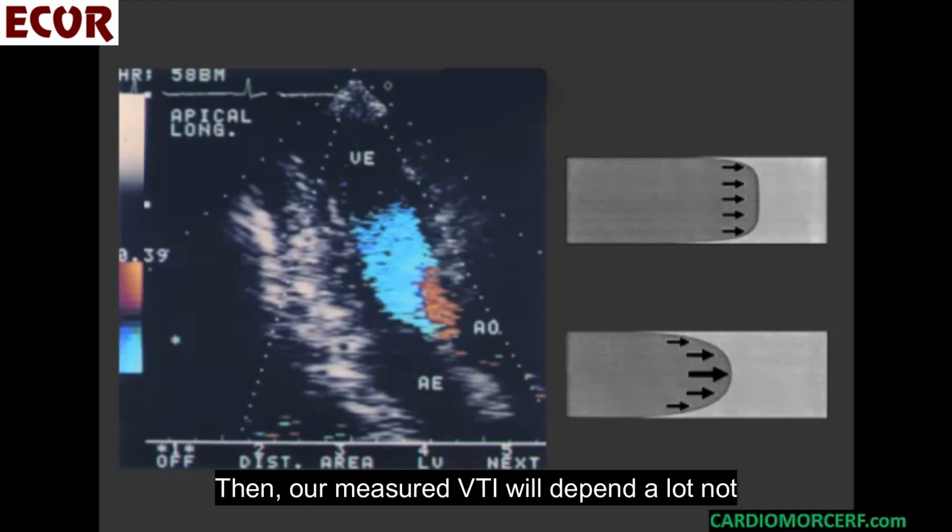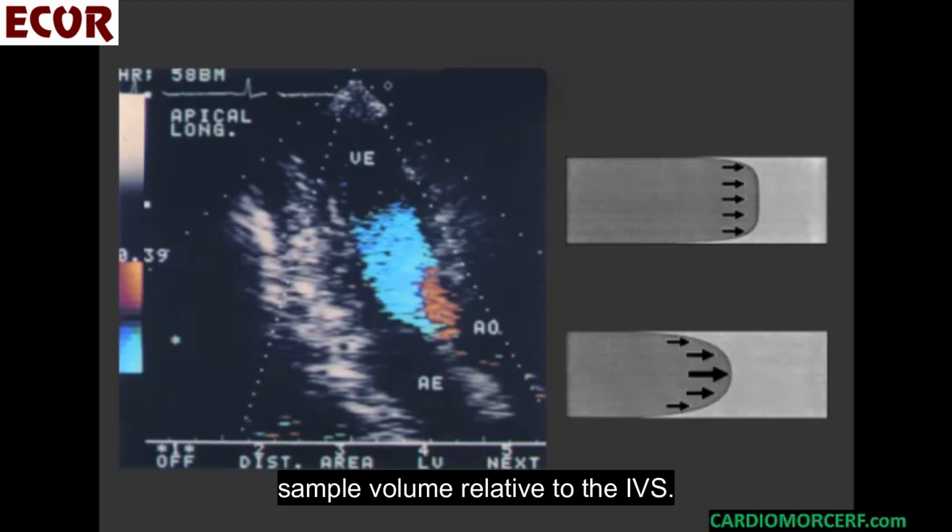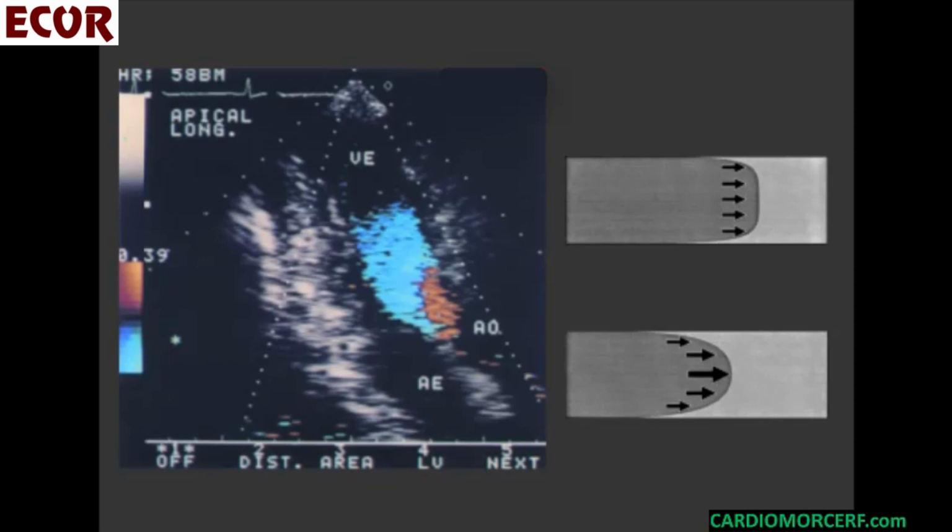Then our measured VTI will depend a lot not only on the distance of the pulse wave sample volume from the area of the outflow we have estimated, but also where is the sample volume relative to the IVS.